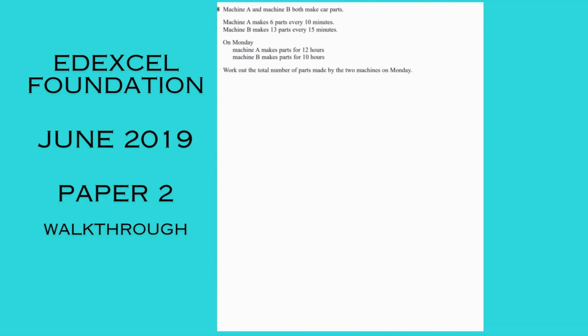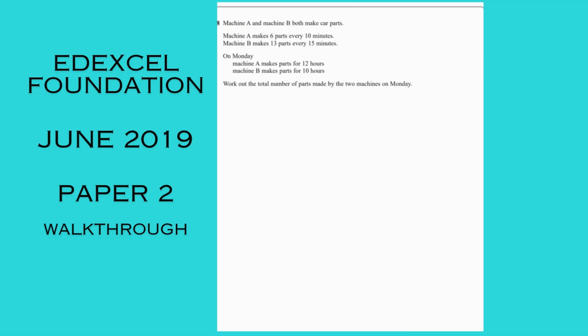Number 18. Machines A and B, similar in that respect to the previous question, so I'm going to go about it in a very similar way. Split my page in half, work on machine A first. Let's see what's happening. So, machine A makes 6 parts in 10 minutes.